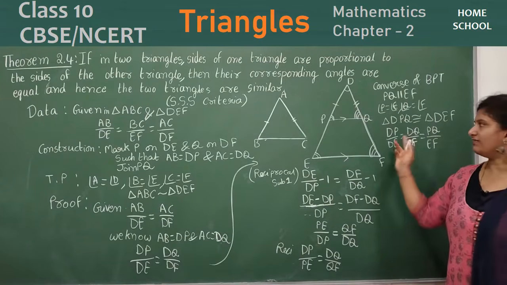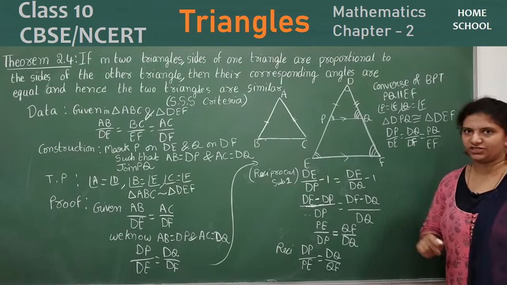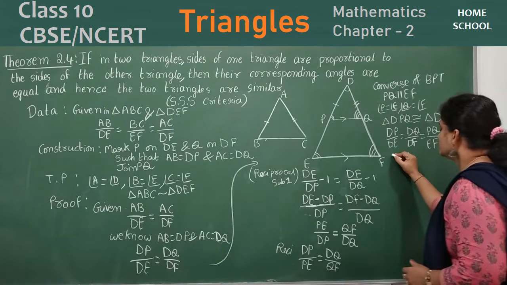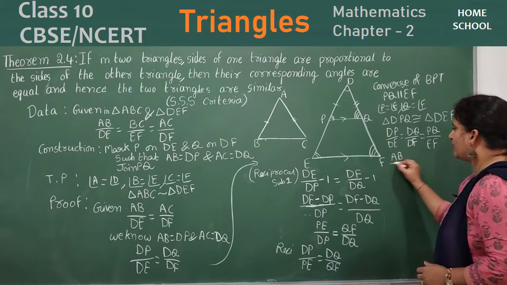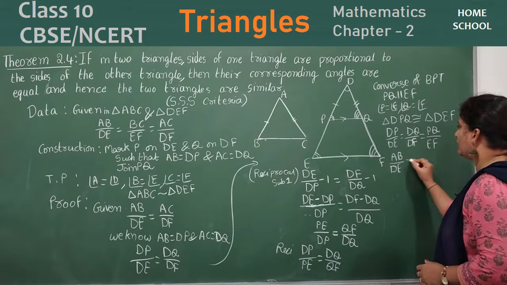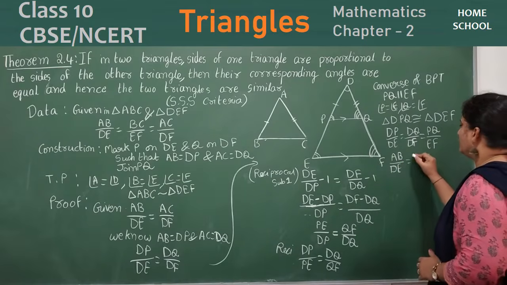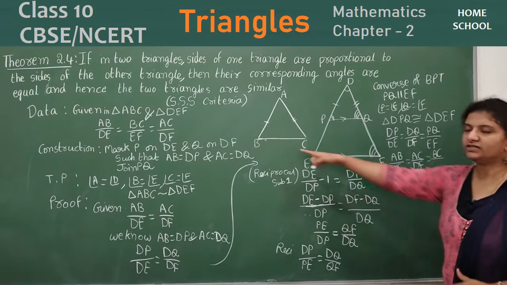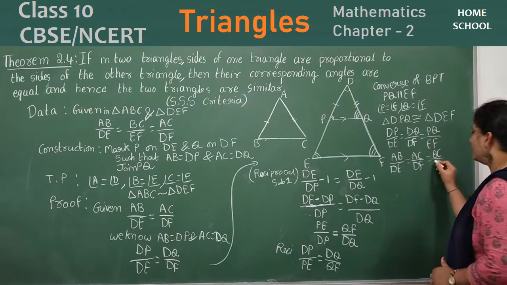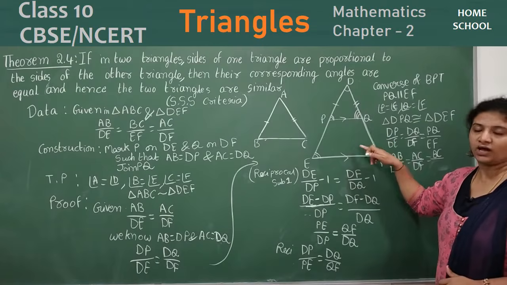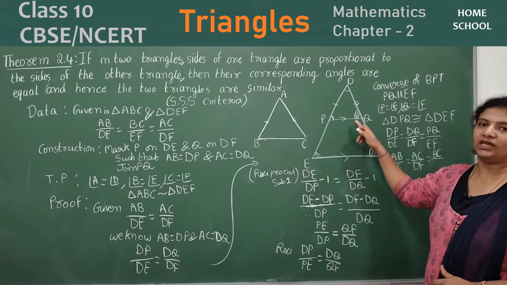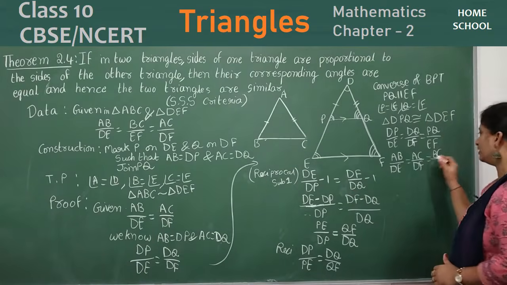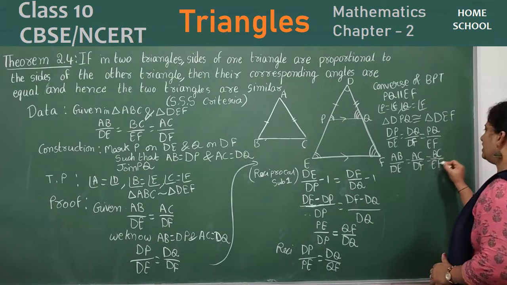Okay, have a look here, children. Let's change this ratio. What is DP? DP is nothing but AB. So let's rewrite here. AB by DE is equal to, what is DQ? AC by DF. And what is the third side? BC by EF. Then if these two are equal, you can equate these two sides and the third side also will be equal. That is BC by EF.